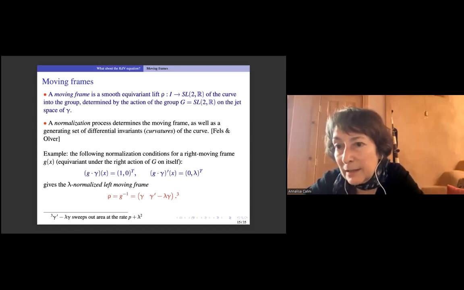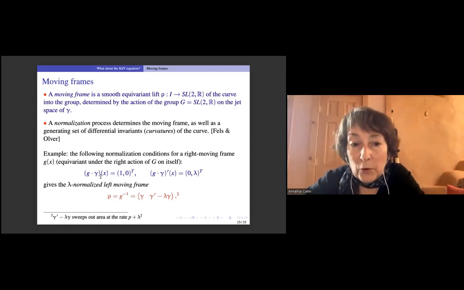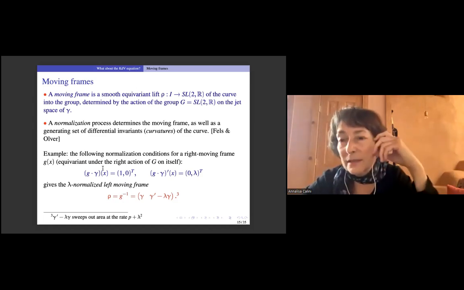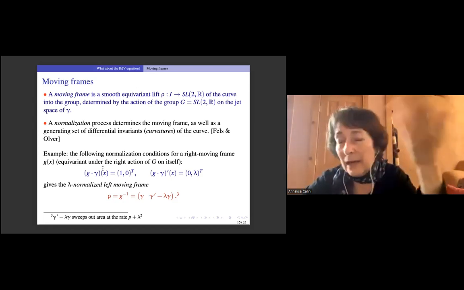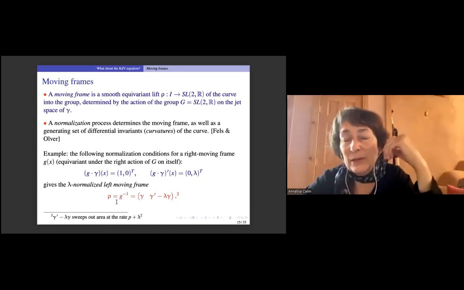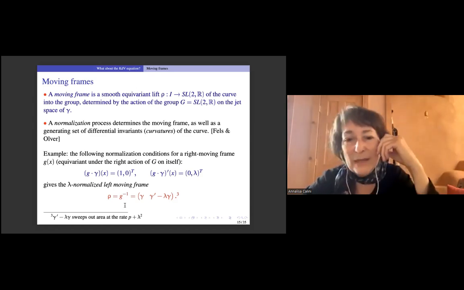So in a nutshell, you construct a moving frame, you normalize it, and for example, given this normalization, what you see here is a right or left normalized frame, which simply means with respect to the right or left action of the group. If you are constructing a right frame, you can get a left frame simply by looking at the inverse of this matrix.